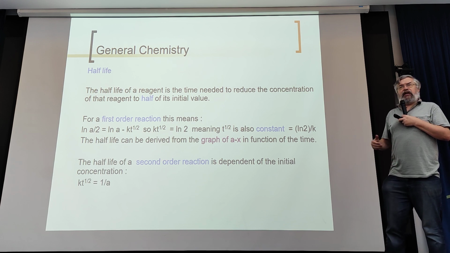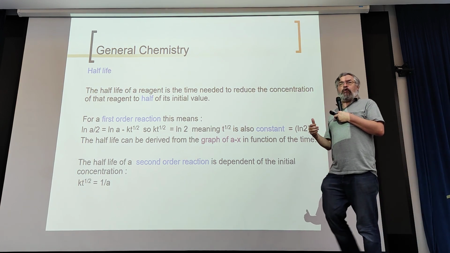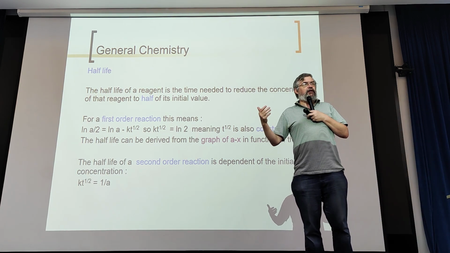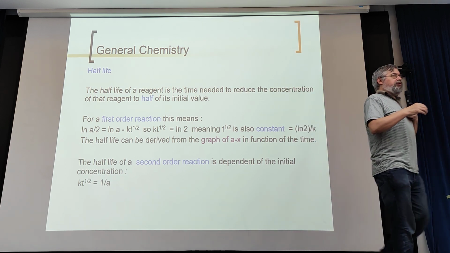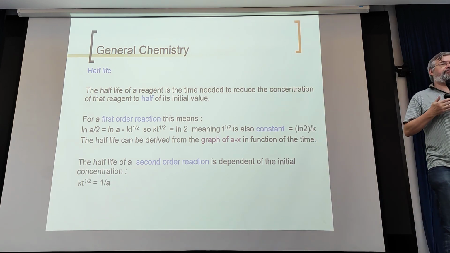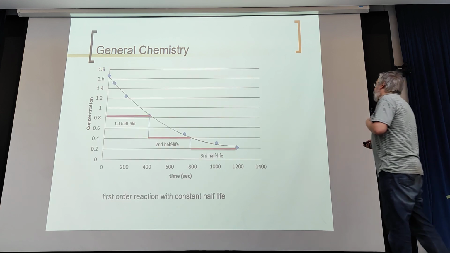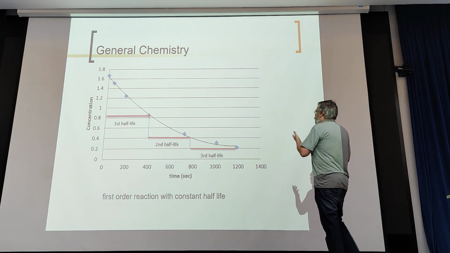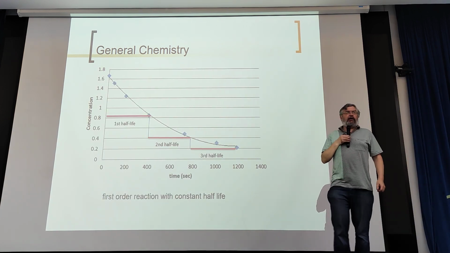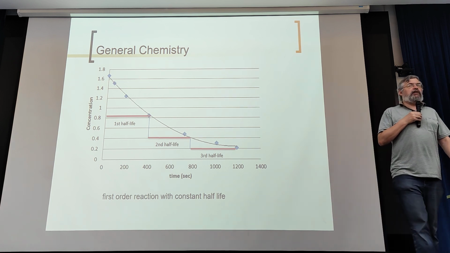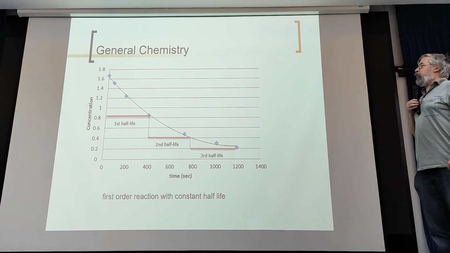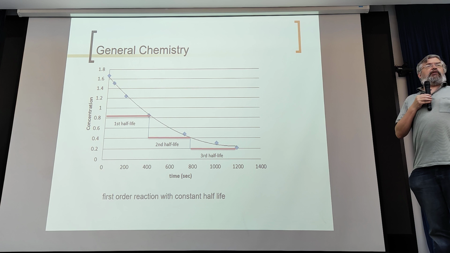So the half-life in other words becomes longer and longer because the concentration becomes weaker and weaker. So you can derive this half-life from the graph, not of the logarithm, but of the concentration itself.